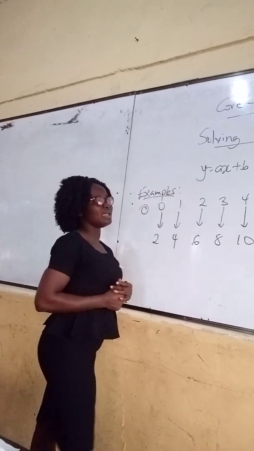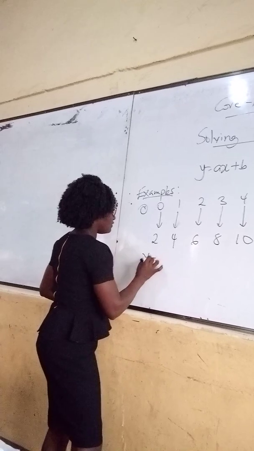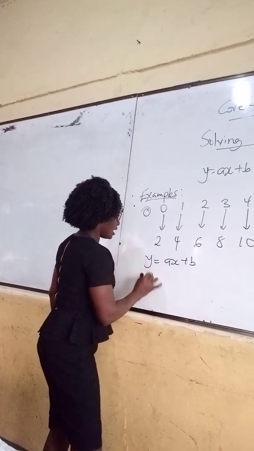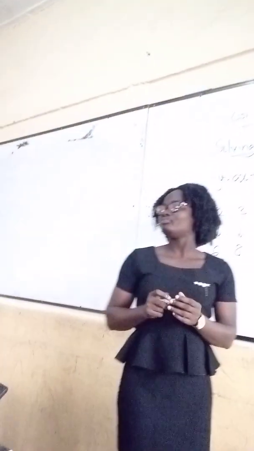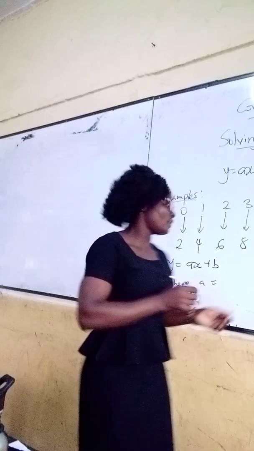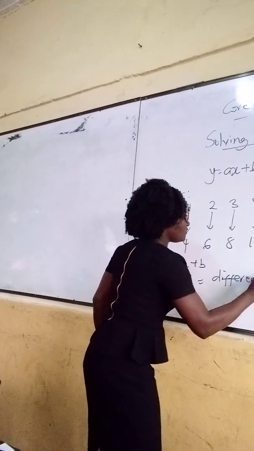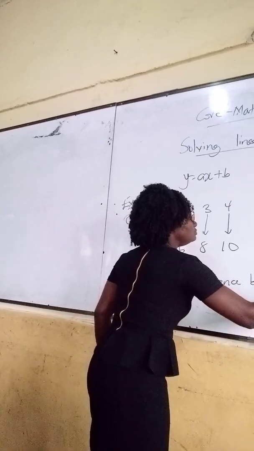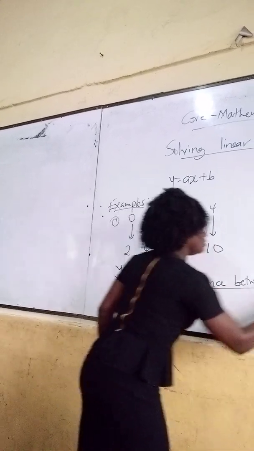Y equals ax plus b, where a is. So this is the formula y equals ax plus b, where a is equal to what? What's our a? The difference between the codomain over the difference between the domain.